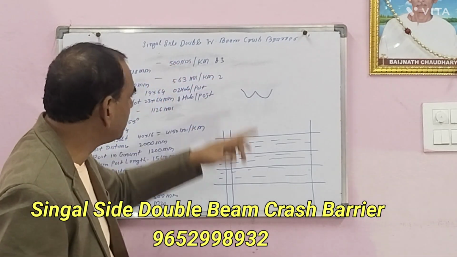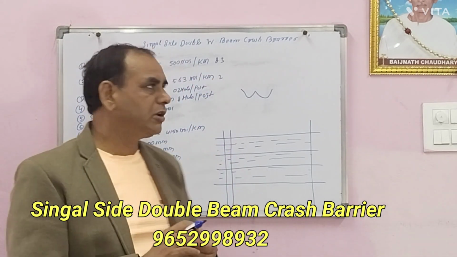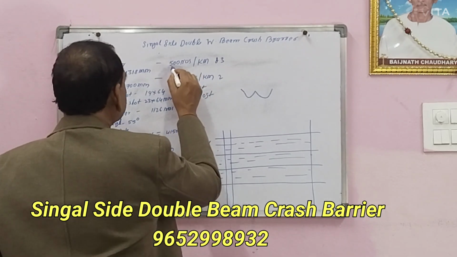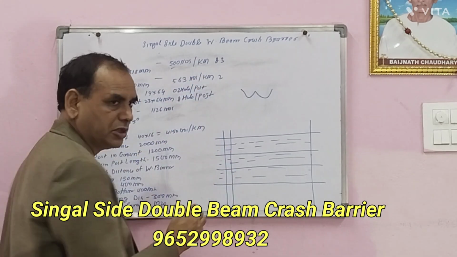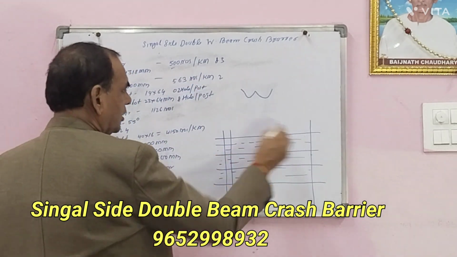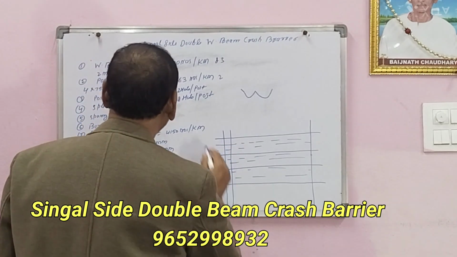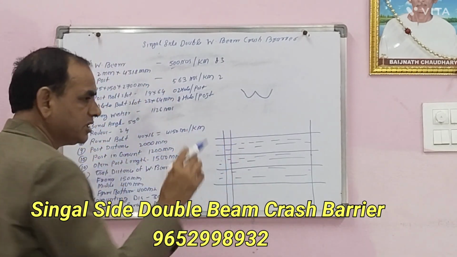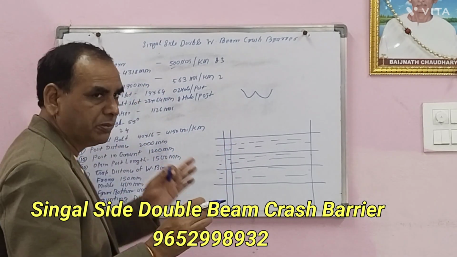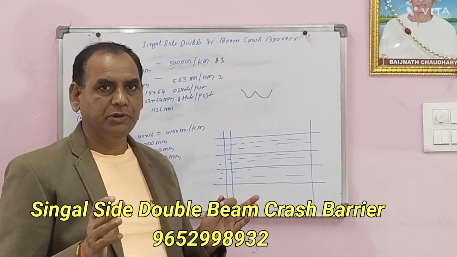And 500 numbers will come per kilometer. So 500 W beams are required per kilometer.